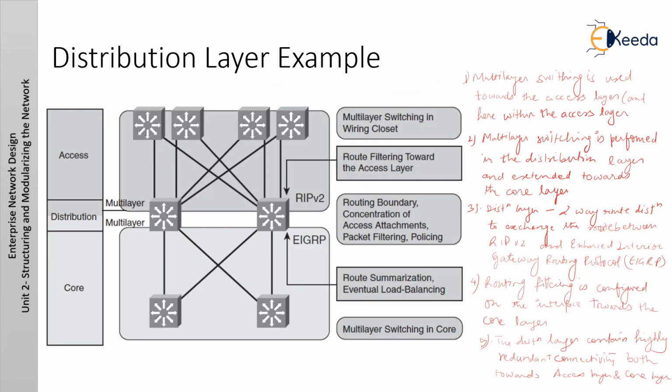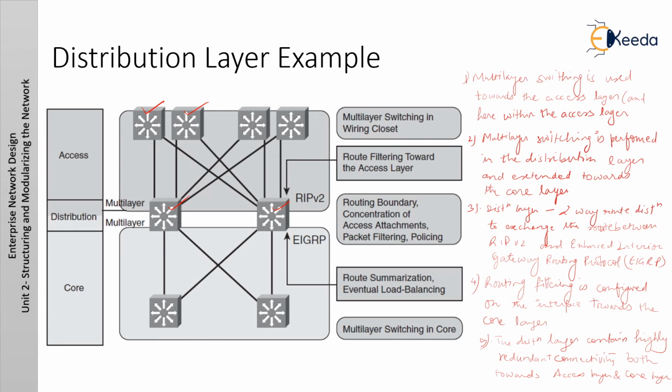Let us now discuss how distribution layer functioning can be performed. This shows the multi-layer switches. Here there are several multi-layer switches between the access, distribution and core layers. The access layer has 4 multi-layer switches, the distribution layer has 2 switches, and the core layer has only 2 multi-layer switches.